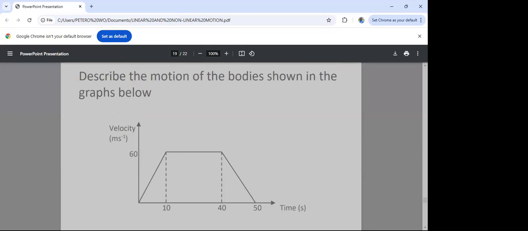You add a 0 here and also a 0 on the velocity axis.